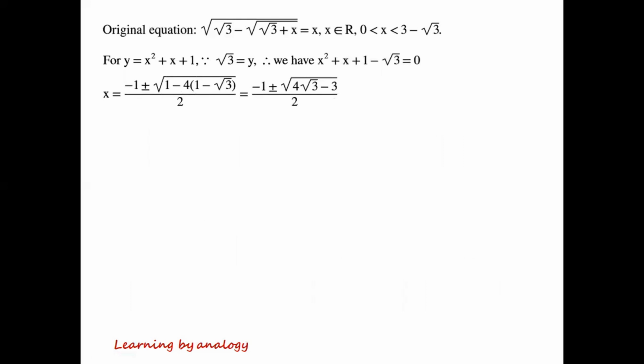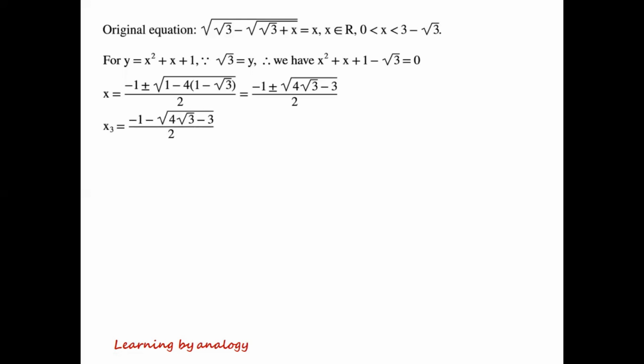For y equals x squared plus x plus 1, because root 3 equals y, so we have x squared plus x plus 1 minus root 3 equals 0. x equals minus 1 plus minus root of 1 minus 4 times 1 minus root 3 over 2, which is equal to minus 1 plus minus root of 4 root 3 minus 3 over 2.